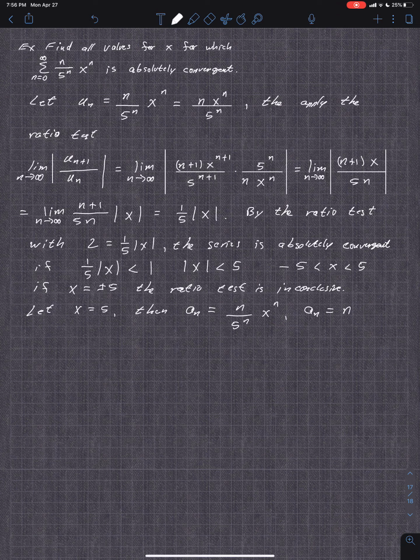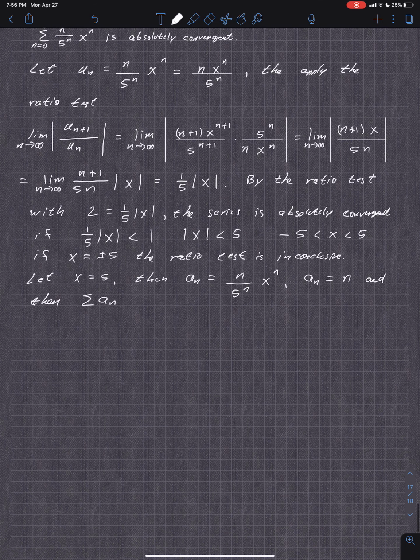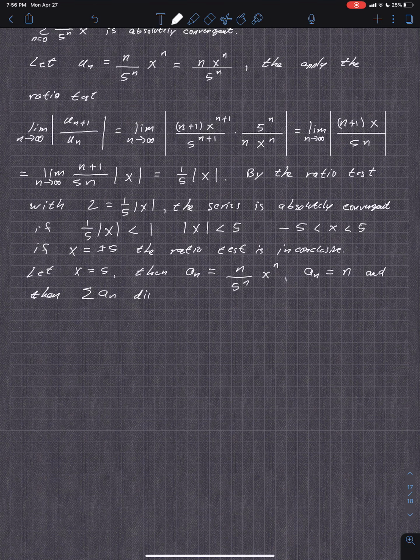It's just 1, 2, 3, 4, 5, etc. And then the series a sub n diverges by the nth term test.